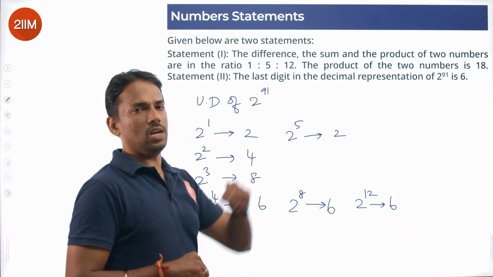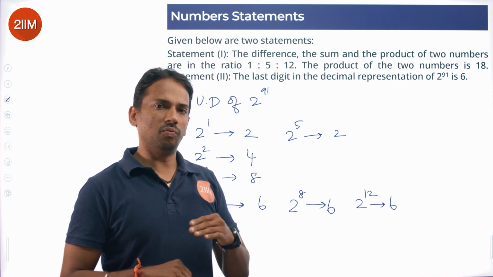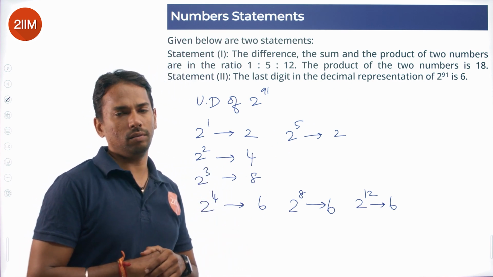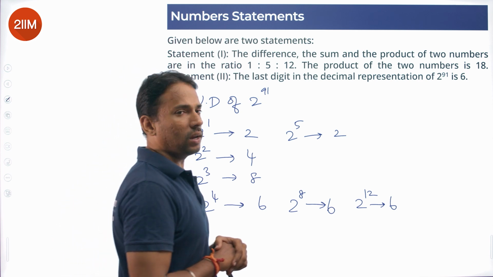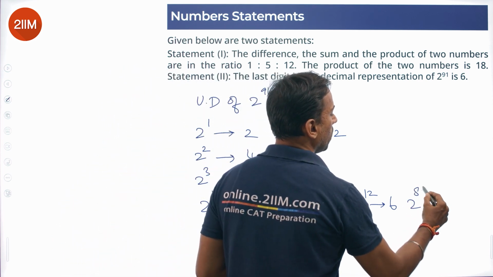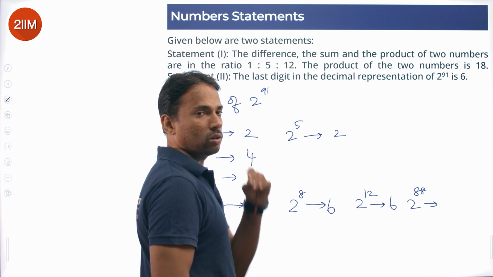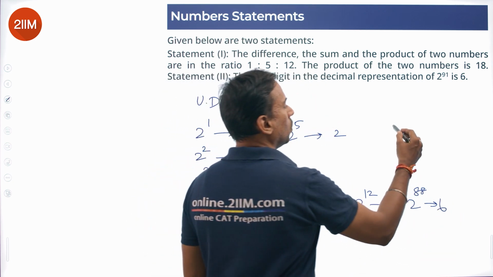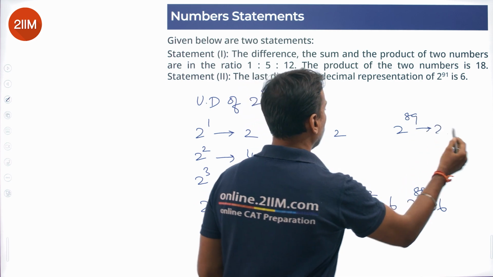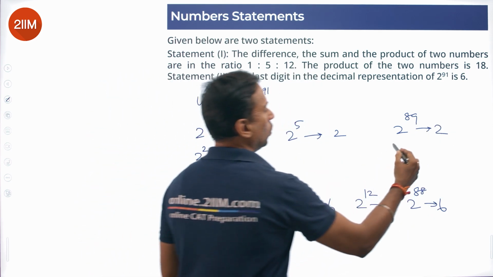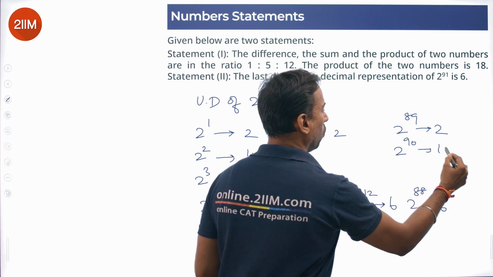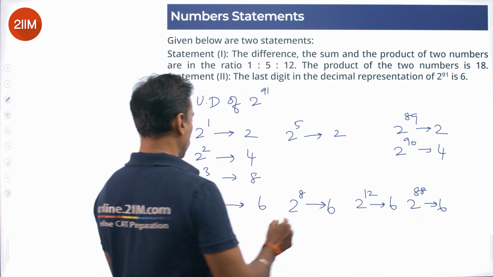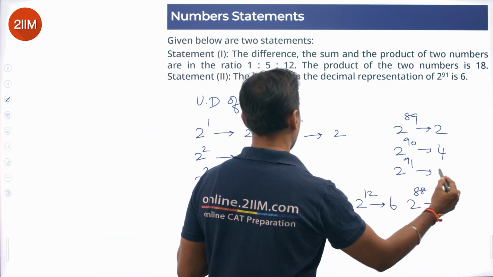Now we will see a multiple of 4 which is just less than 91. So we can go till 2 power 88. So 2 power 88, it's a perfect multiple of 4. So 2 power 88 should be 6. In that sense, 2 power 89 will be 2, 2 power 90 will be 4, and 2 power 91 should be 8.